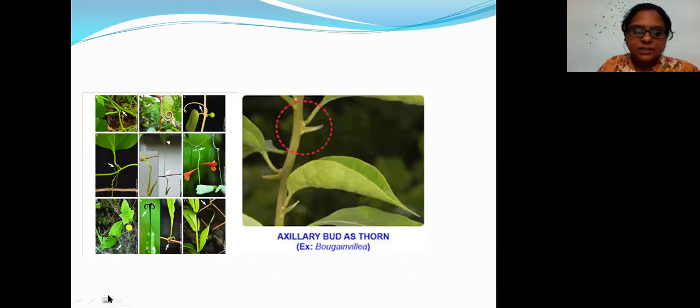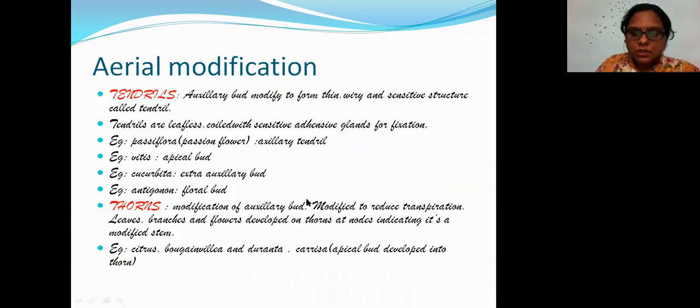Did you understand? That's the meaning of that particular paragraph. What made us sure that these thorns are modified stems is that in the axillary bud which had modified into a thorn, we can see that even flowers, leaves and branches were developing. Example, citrus, our lemon.